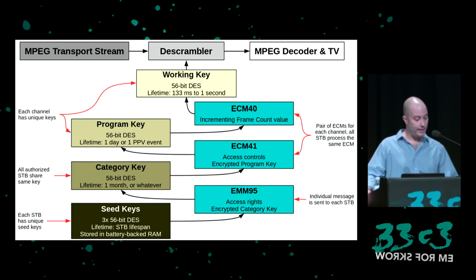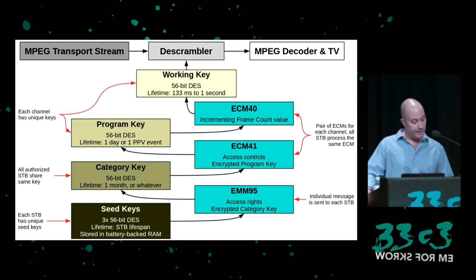The category key, also DES, is shared by all the set-top boxes that are authorized for any channel from this provider. The category key is sent to each set-top box individually inside the EMM 95 message, and this category key typically changes monthly, but many cable operators change keys much less frequently, some of them using the same key for years at a time.